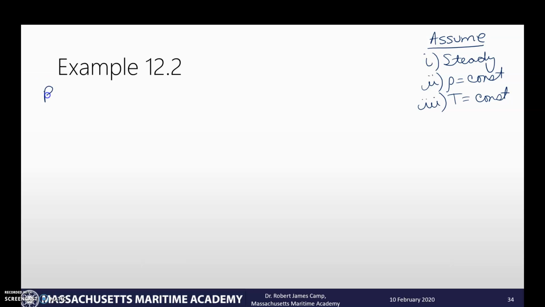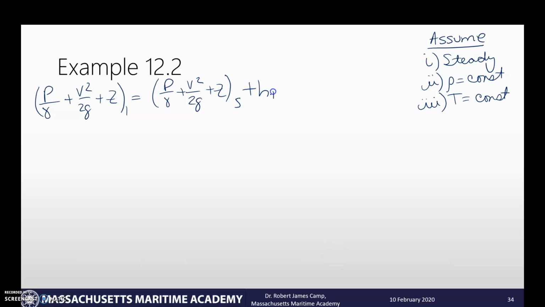So as I look at my energy equation, pressure over gamma plus V squared over 2g plus Z at point 1 has to equal all of this stuff at the suction side of our pump plus the head of the turbine minus the head of the pump plus total head loss.